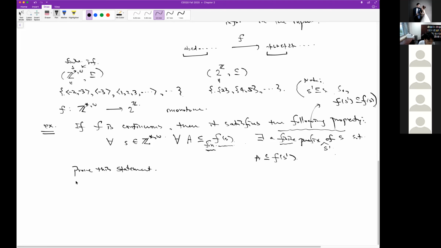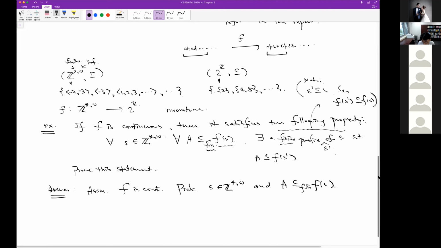Okay, let me tell you how to do this. Here's an answer. To solve this exercise, let's assume that f is continuous, and pick an arbitrary sequence S in Σ* ∪ Σ^ω and a finite subset A of the output.